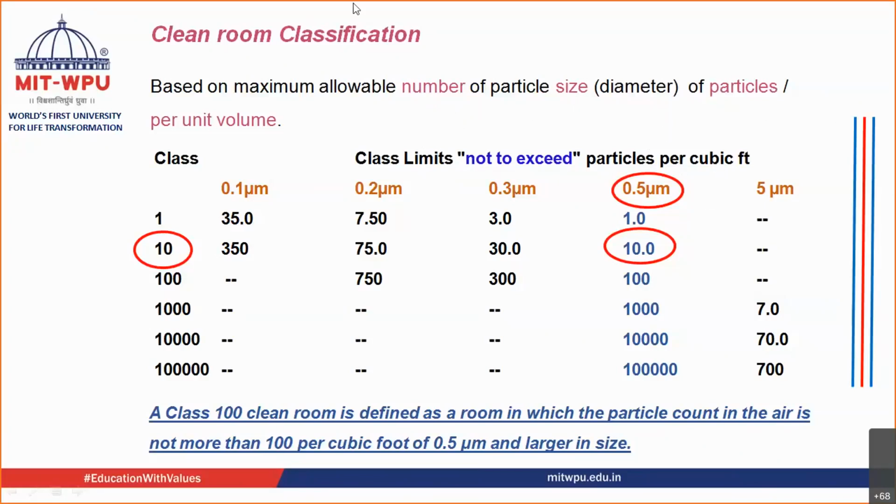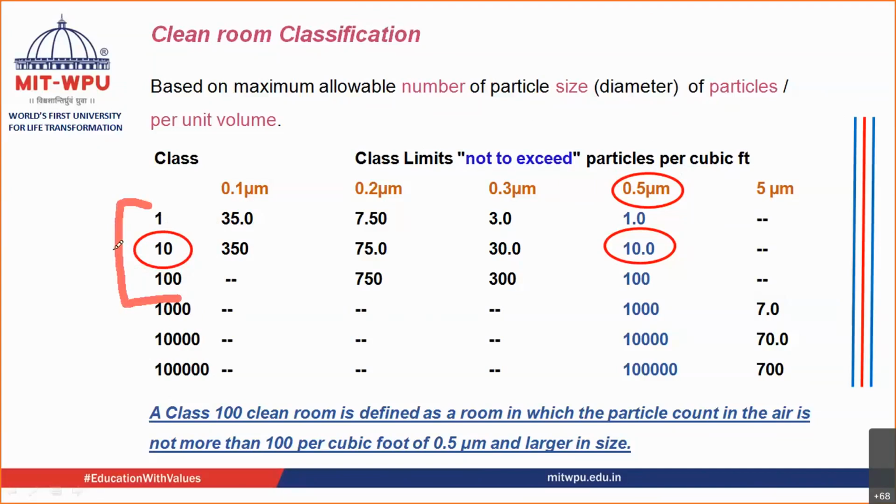Depending upon this, they are classified into different classes: class 1, 10, 100, 1000, 10,000, and 1 lakh. From our point of view, these three classes are very important: class 1, class 10, and class 100.